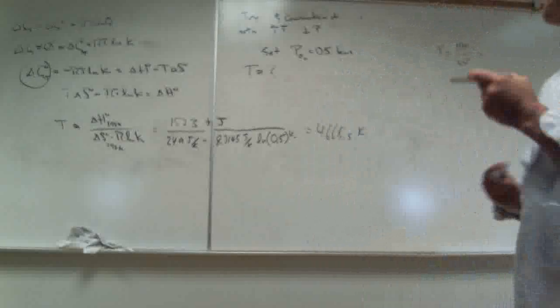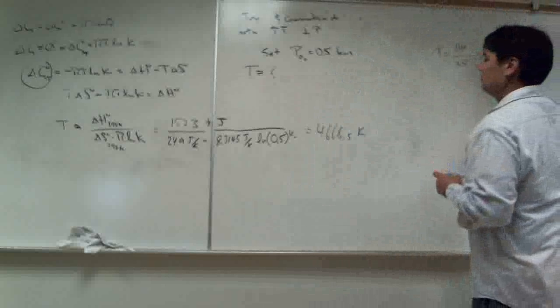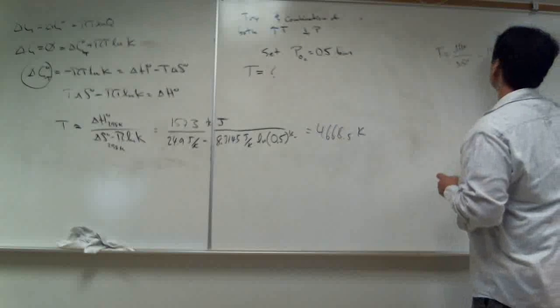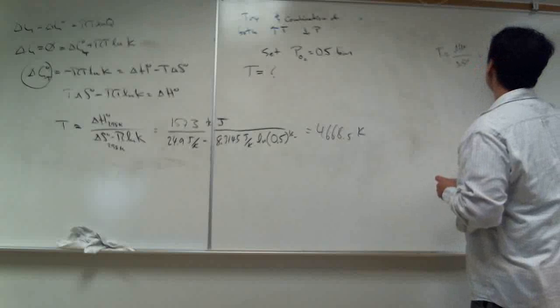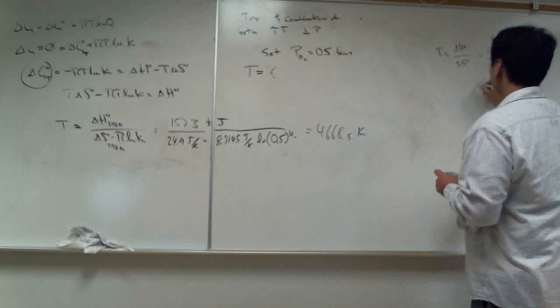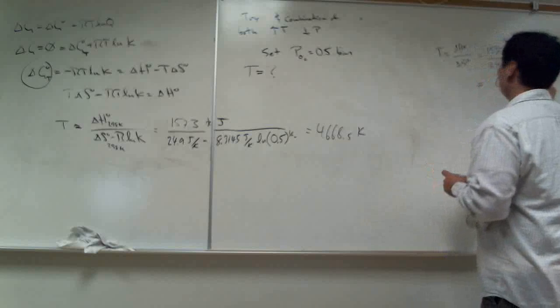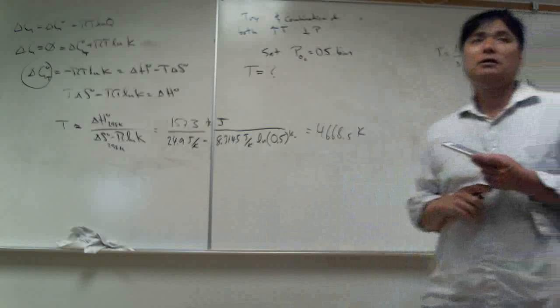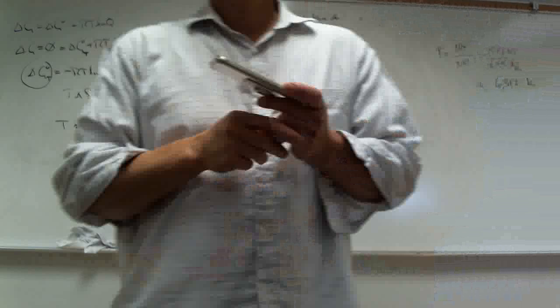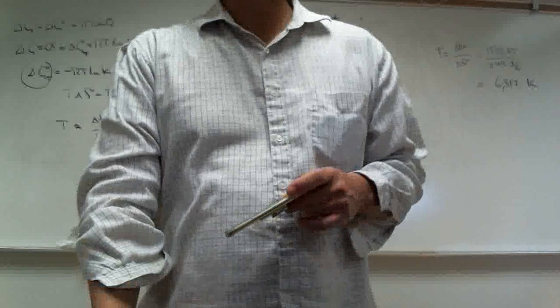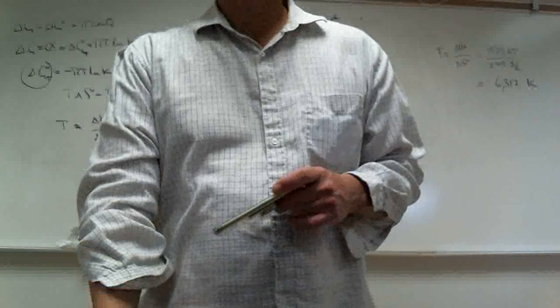Did I use the wrong delta H in the first calculation? 157.3 kilojoules divided by 24.9 joules per Kelvin gives me 6,317 Kelvin. Is that a temperature we can achieve easily?